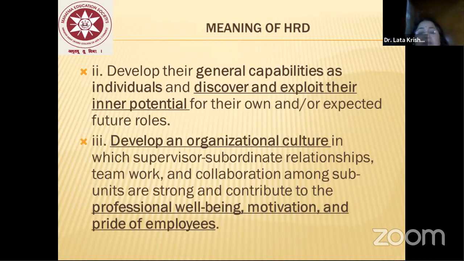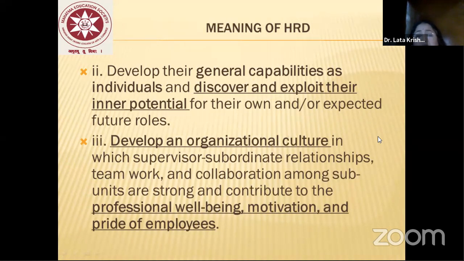Develop their general capabilities as individuals and discover and exploit their inner potential for their own and or expected future roles. So when HRD is happening, you have to give task related capabilities. You have to give them general capabilities as individuals and discover and exploit their inner potential.